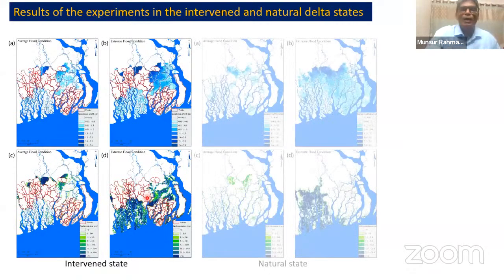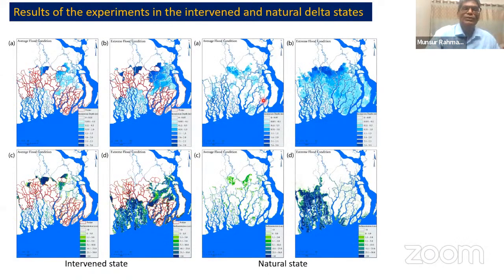And in the natural flooding, where we remove the polders, the flooding and sedimentation are relatively uniform. And in this case, again, the sedimentation is much more in the extreme flooding. And we also found that the sedimentation in the natural state can be enhanced a little bit.